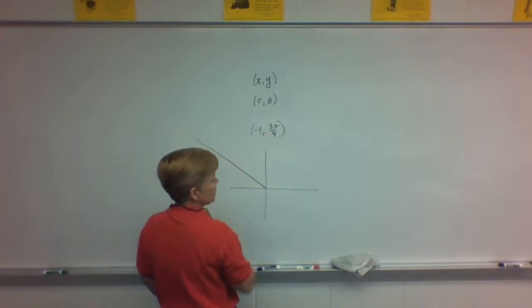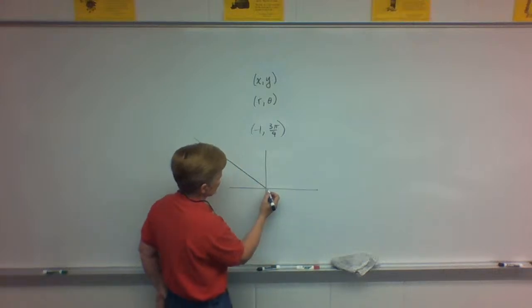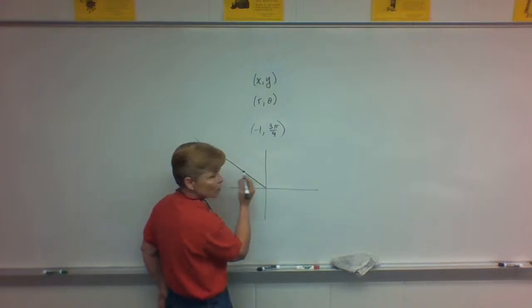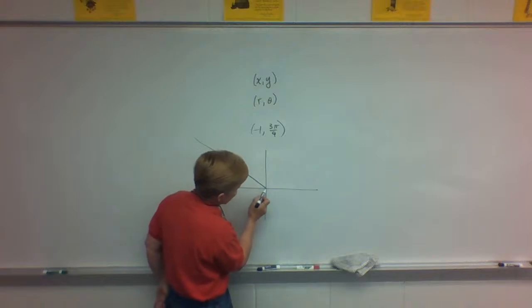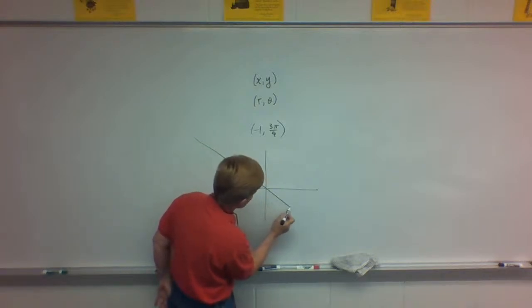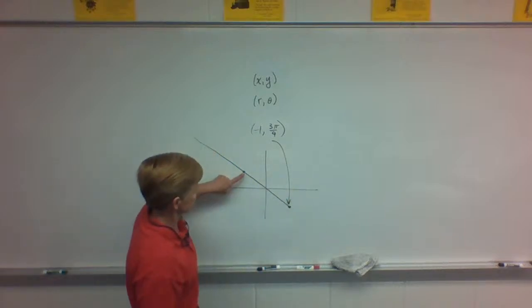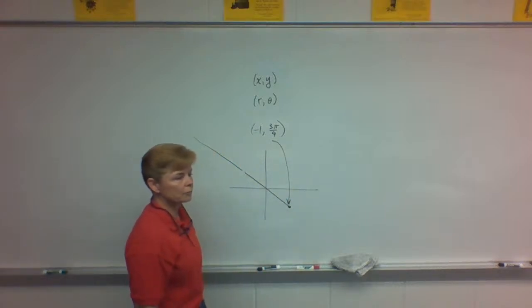That's the terminal side, and I made it extra long on purpose. Go out on that, whatever you feel like 1 unit is. I don't care what it is. But then backtrack through the pole the same distance on that line. That right there is the point. You see how it goes?